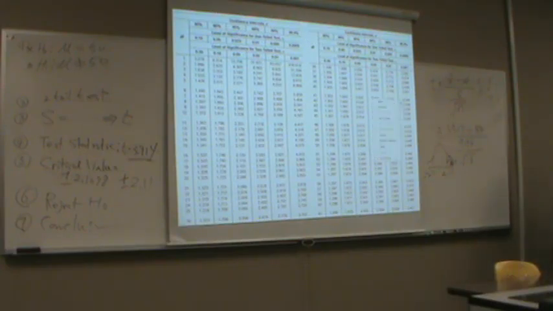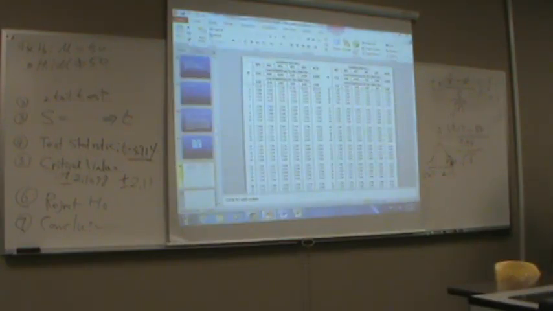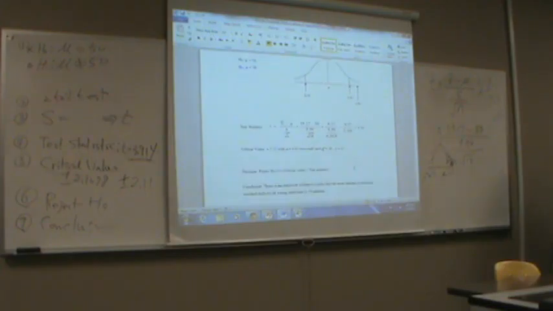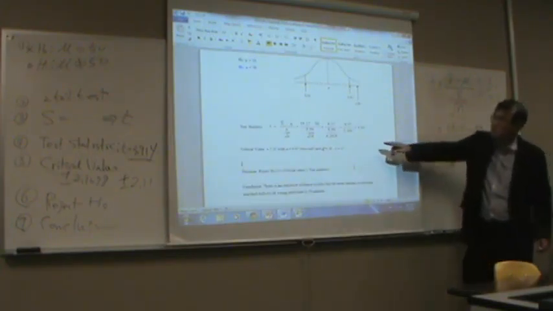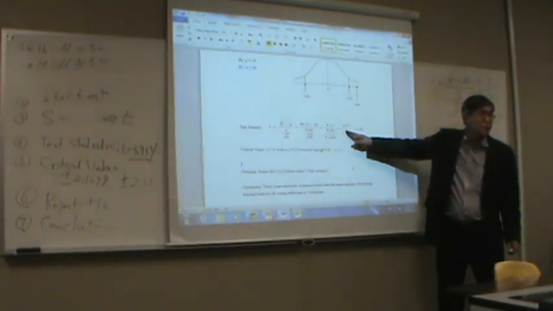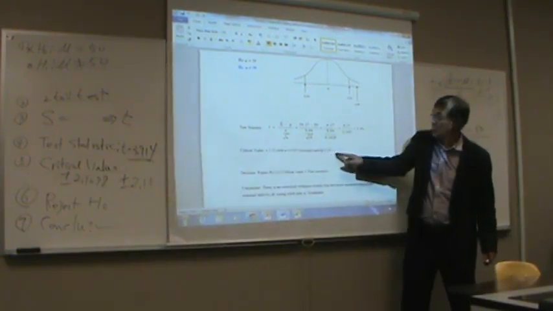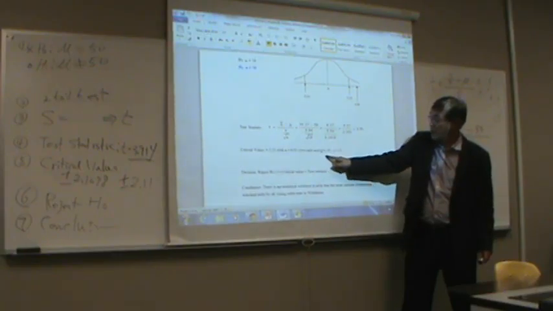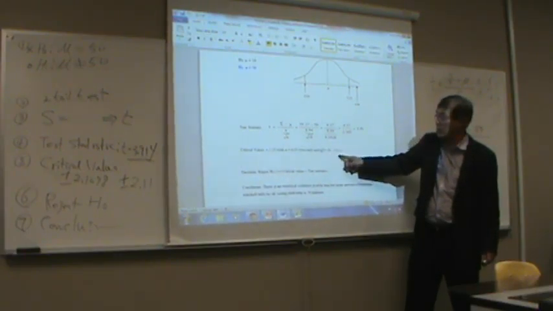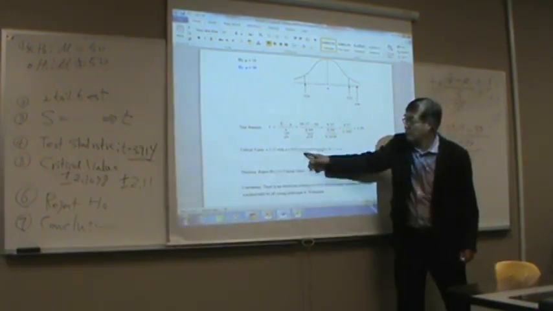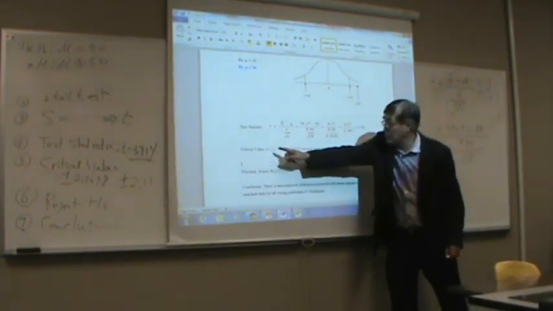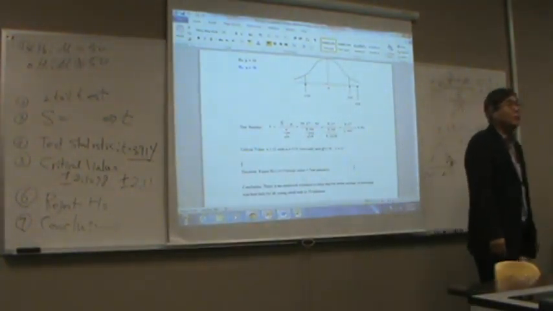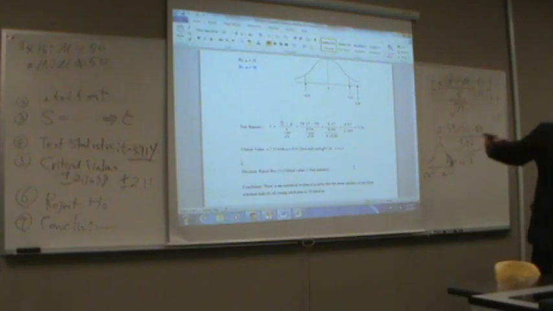The practice problem answer shows you the calculation. Degrees of freedom equals 18 minus 1 equals 17, 0.05 two-tail. Then you can find the critical value from the table, 2.11 plus or minus, right?